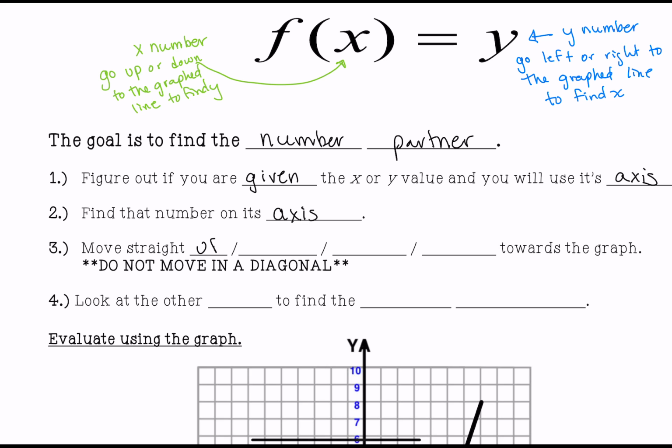Then you're going to move straight up or down or left or right. Okay, and again, you move up or down if you're given x. You move left or right if you're given y.